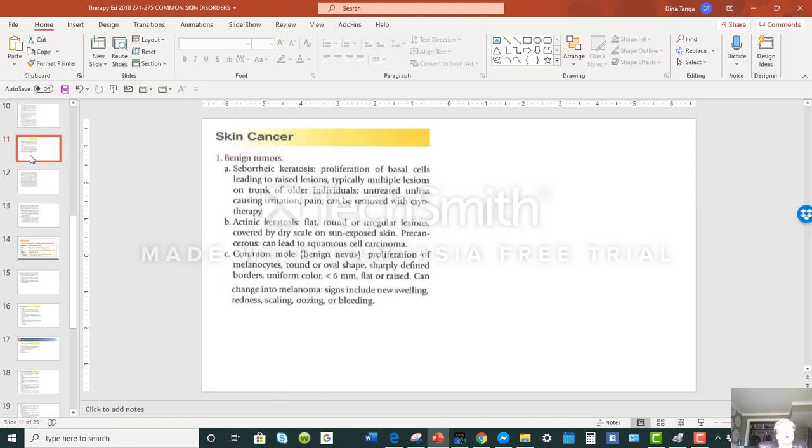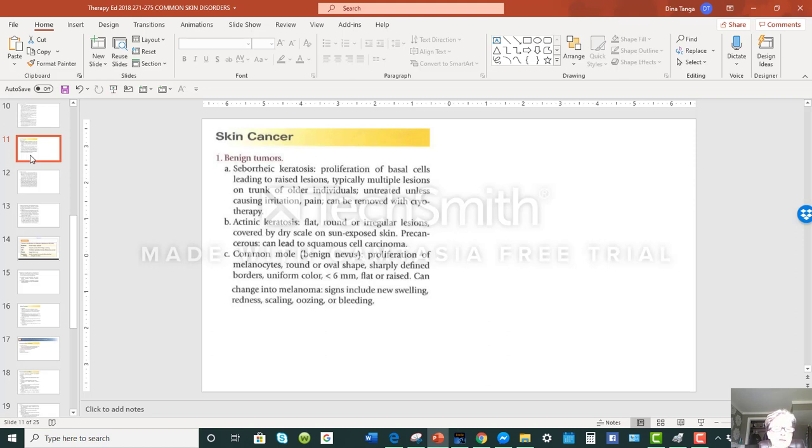Skin cancer, benign tumors. Keratosis: proliferation of basal cells leading to raised lesions. Typically multiple lesions on trunk of older individuals, untreated unless causing irritation or pain, can be removed with cryotherapy.